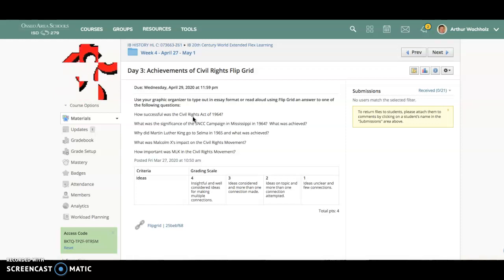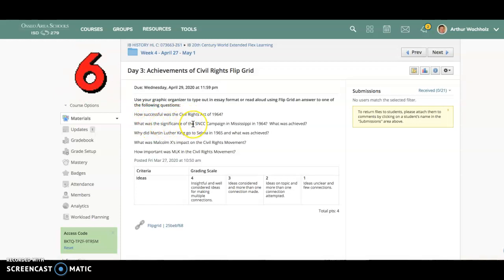The essay format I'm looking at here is not like 5 paragraphs. I'm really wanting to look for maybe a 1 or 2 paragraph response that really gets into not what it was, but into things like why, how was it successful?